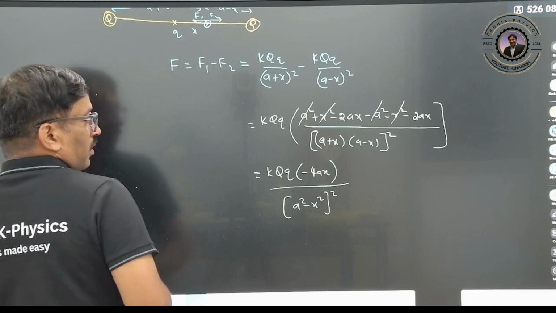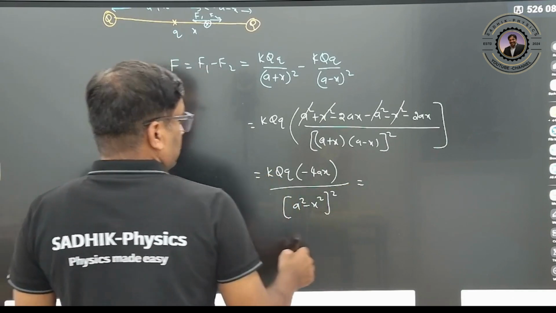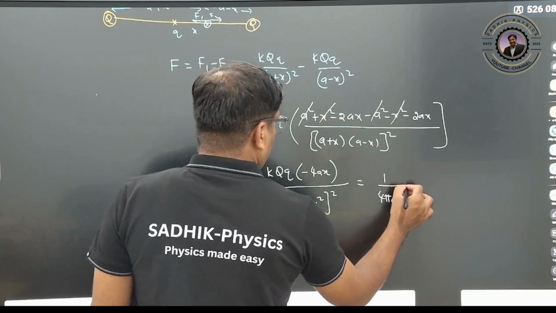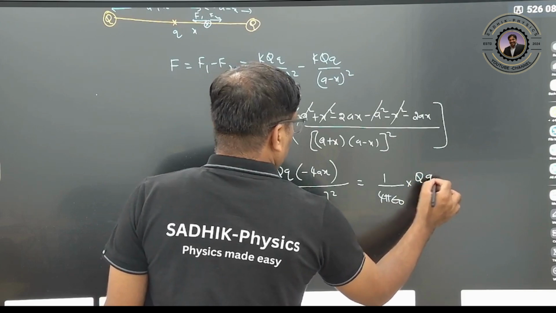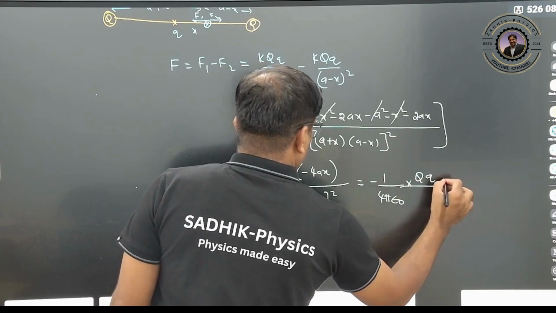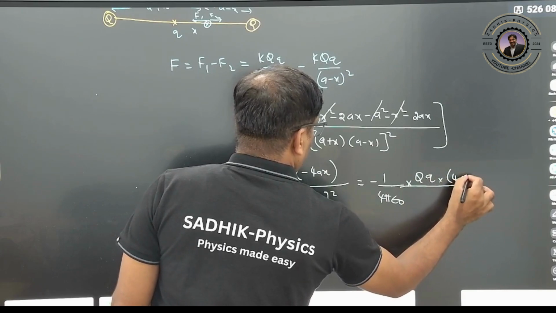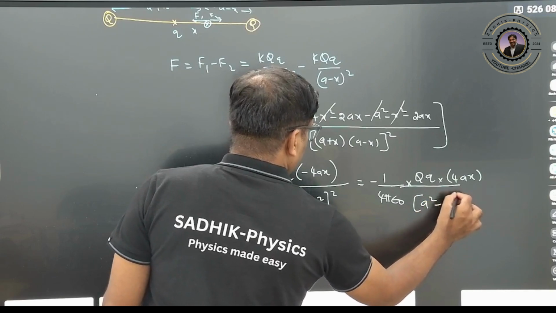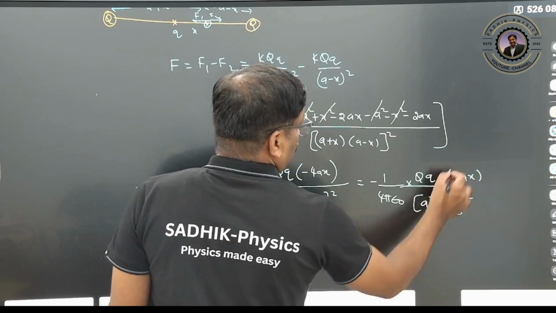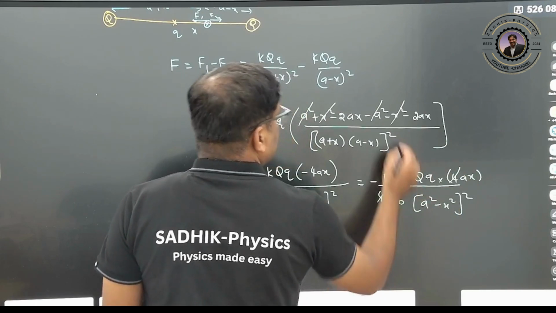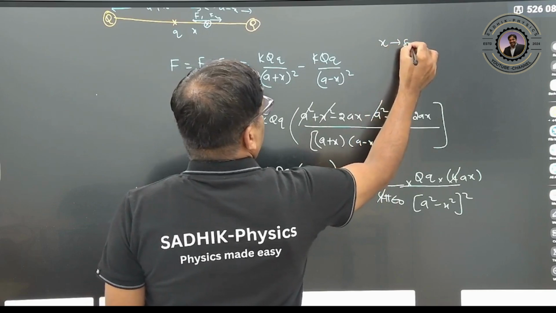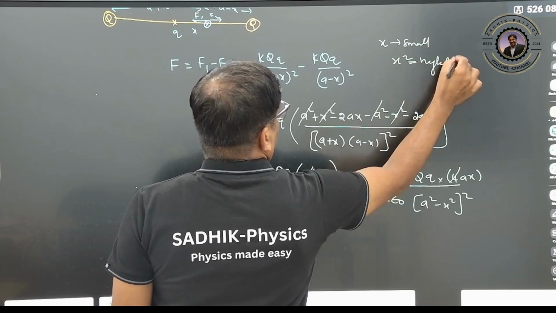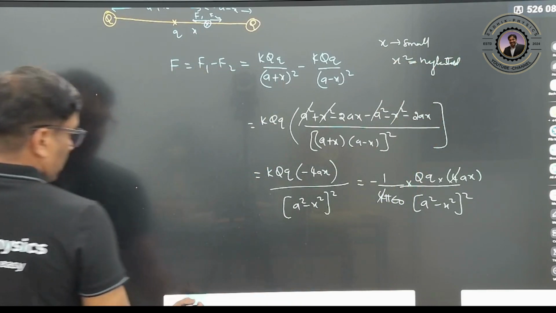Clear? So here we can rewrite it as 1 by 4 pi epsilon naught into Q q times minus 4ax divided by (a square minus x square) whole square. So the 4 and 4 get cancelled. Here x is small, so x square can be neglected. Clear? So what will be the force here now?